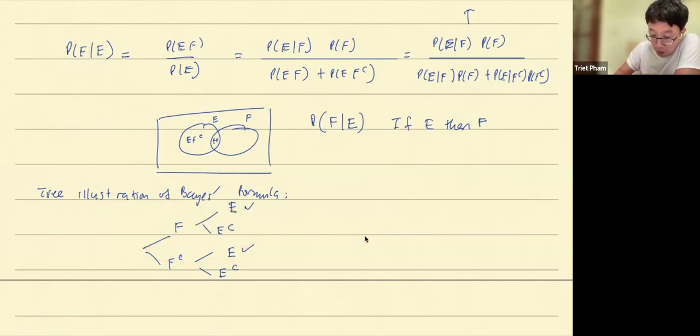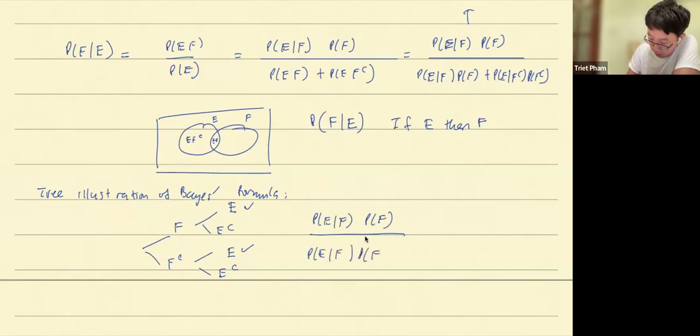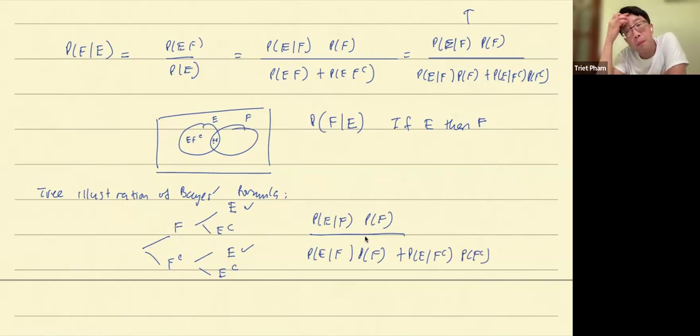Bayes would say that's the relative weight of this branch, which is P of E given F times P of F, over the total weights of the two branches, which is that. Does that make sense?